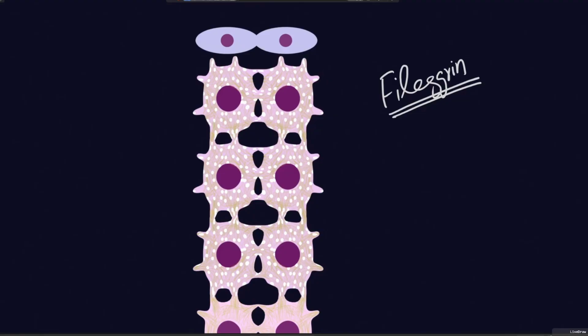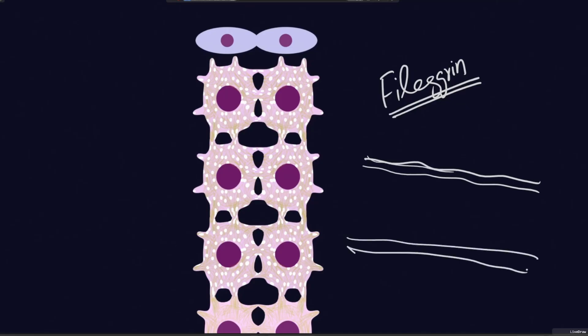they aggregate the keratin molecules. So let's suppose here is the keratin, not keratin molecule, keratin filaments rather I should say. So these are the keratin filaments. If a filaggrin comes here, what it will do is that it will make these keratin filaments come close together.